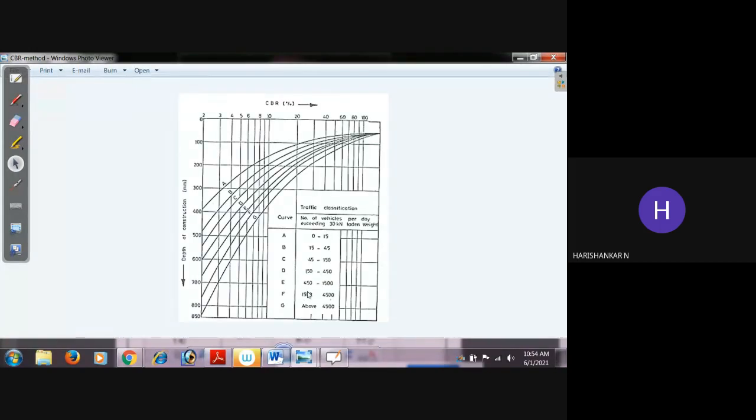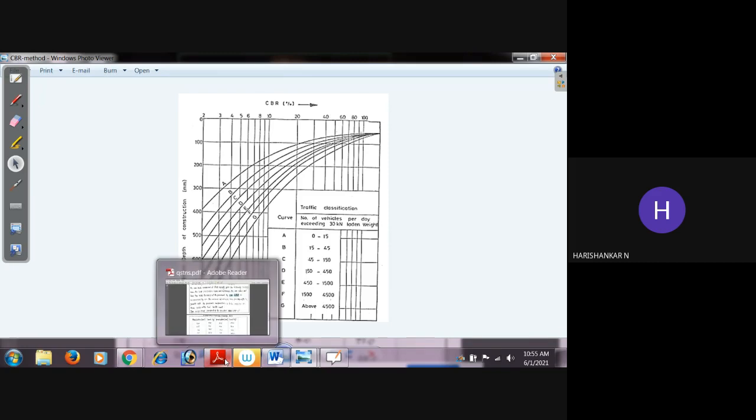If it's between 1500 and 4500, then what should you take? If it is between 0 and 15, then it should be A. 15 and 45 is B. And in this way, if it's 450 and 1500, then you can take it as E. If it's 1500, then also you can take it as E. So you can take it as the E curve.